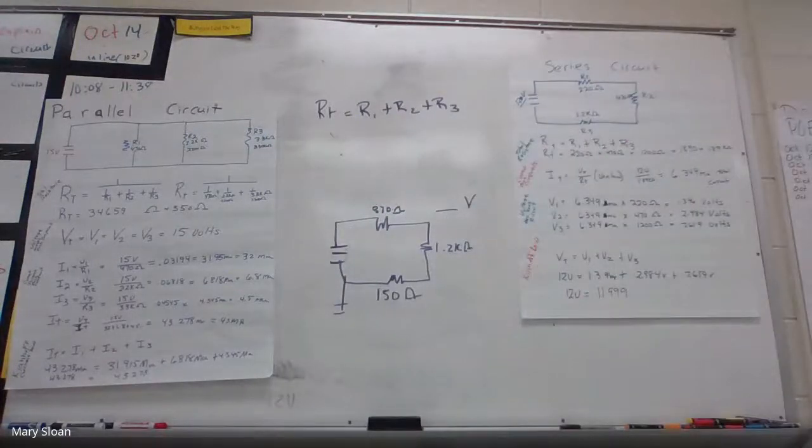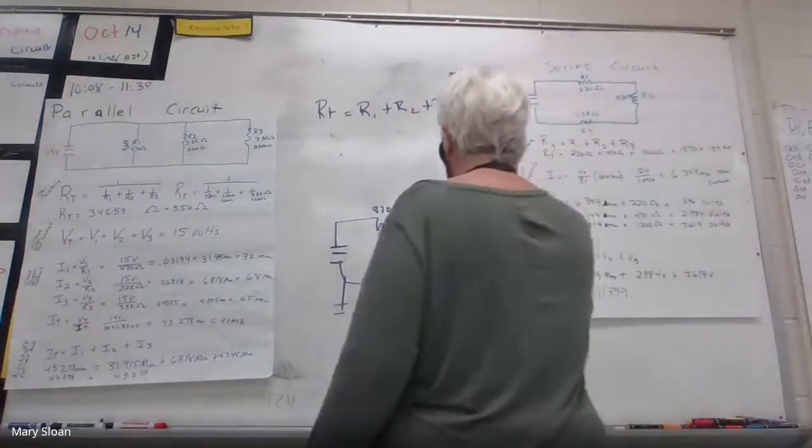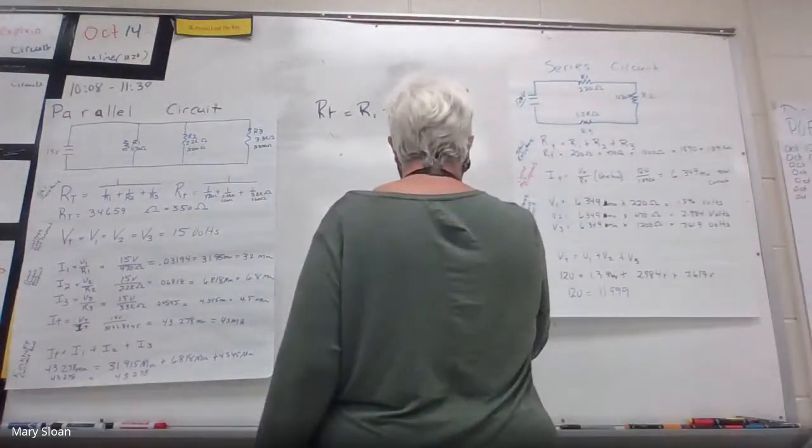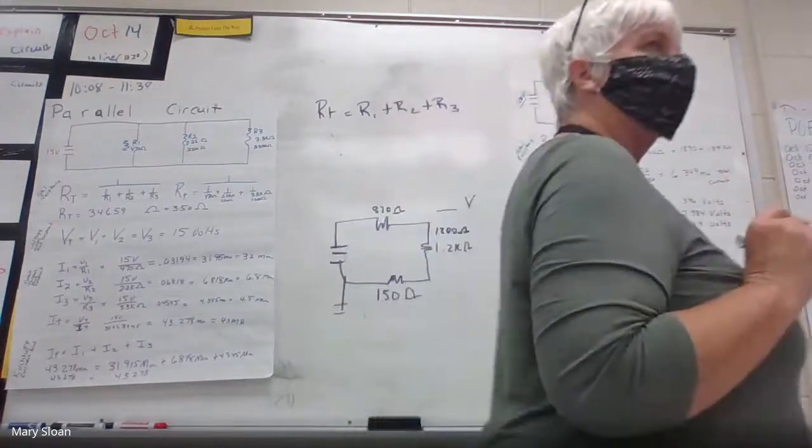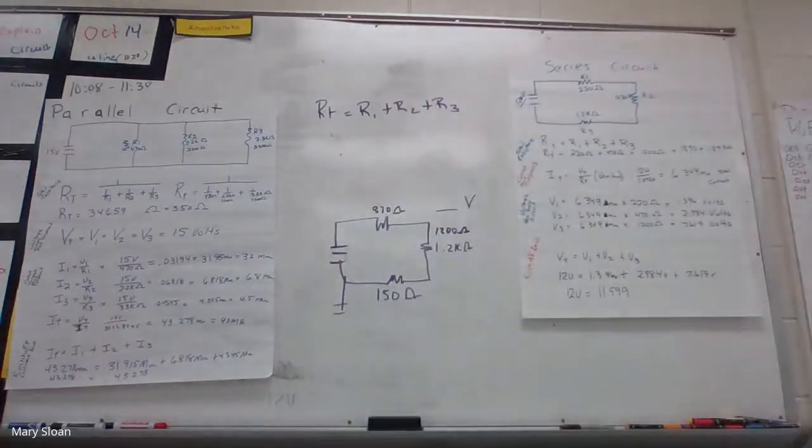Are they all three in the same units? No, we have a kiloohm, right? So I personally would change my kiloohm to ohms. So that's 1200 ohms. Now can I do my calculation? Yes. So go ahead and do your calculation and put your answer on your sheet.